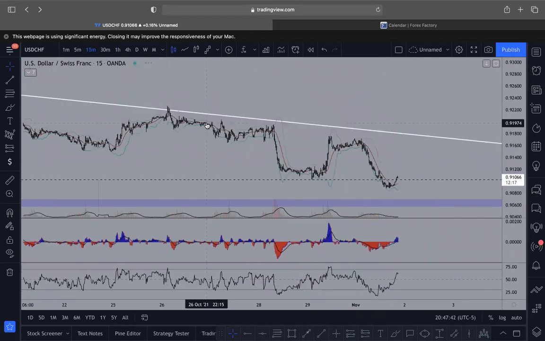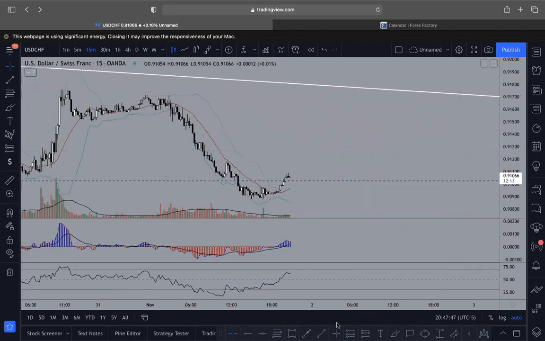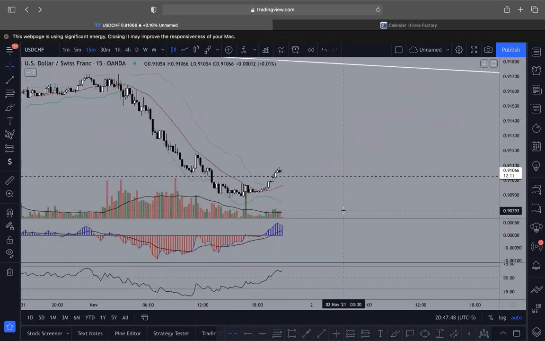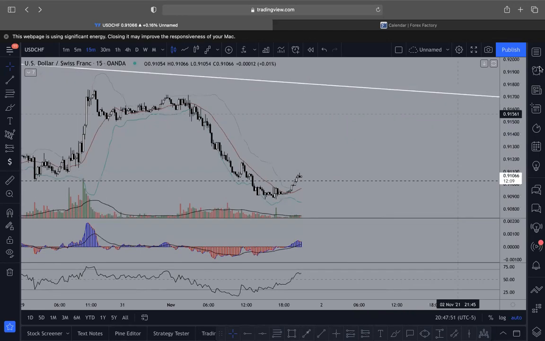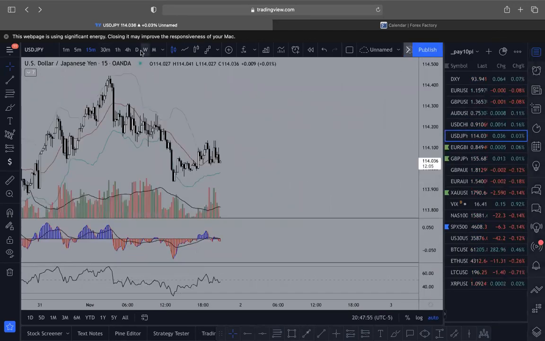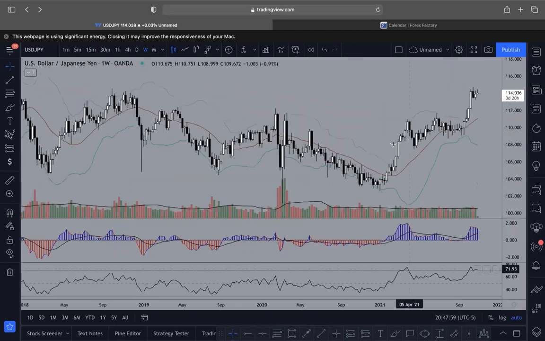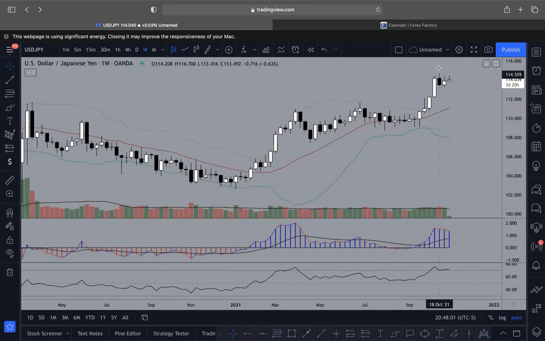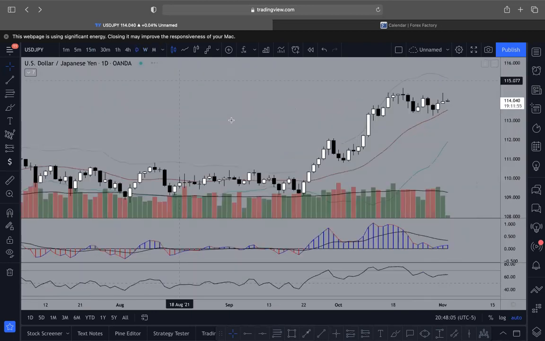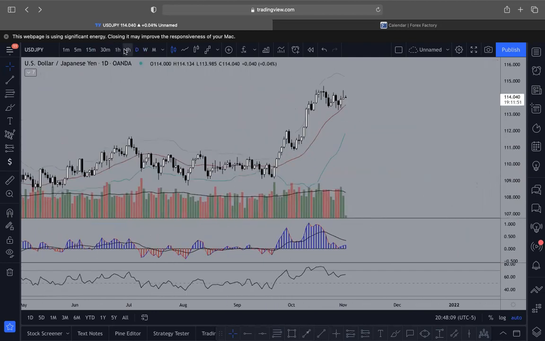So lower time frames. I mean, yeah, that correction is probably coming, but I'm not playing the correction. UJ looks like it's starting to show some exhaustion up here. It's just going sideways at this point.